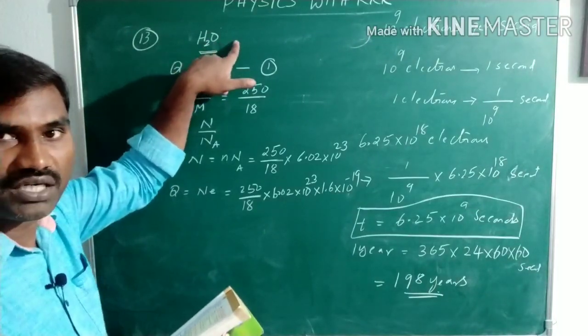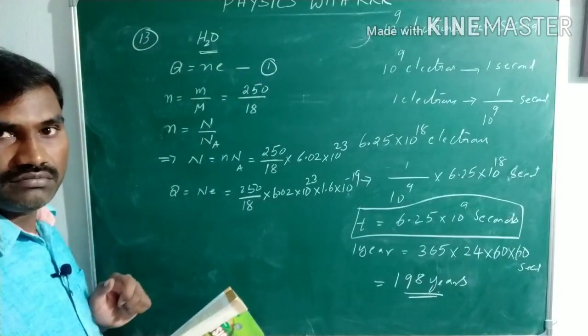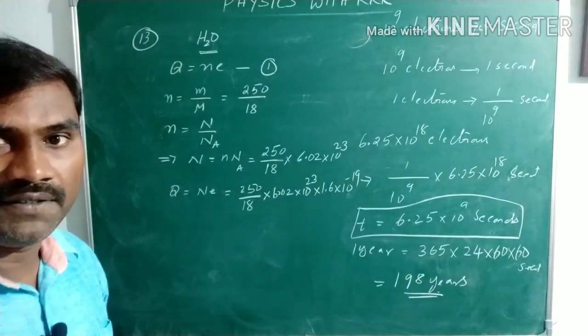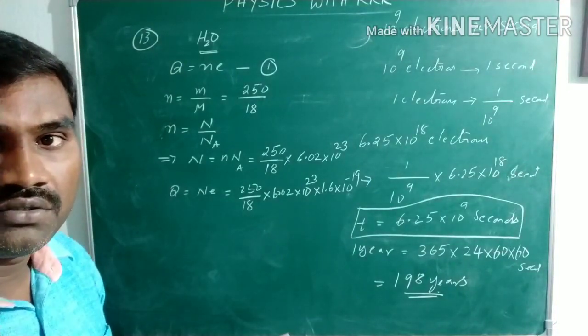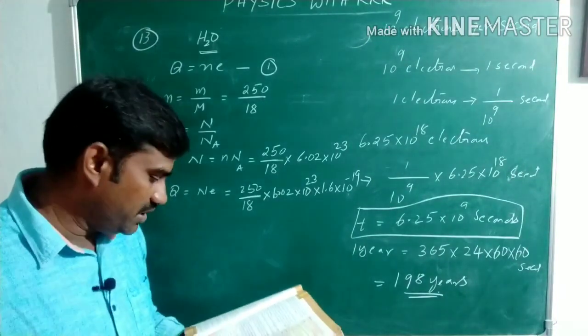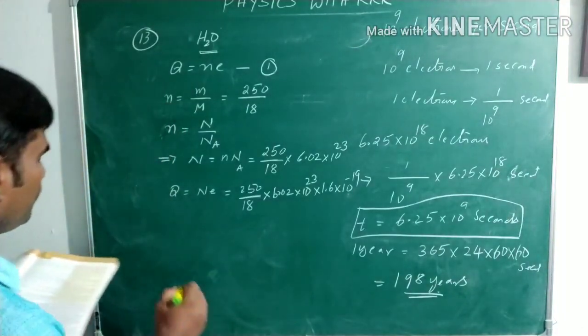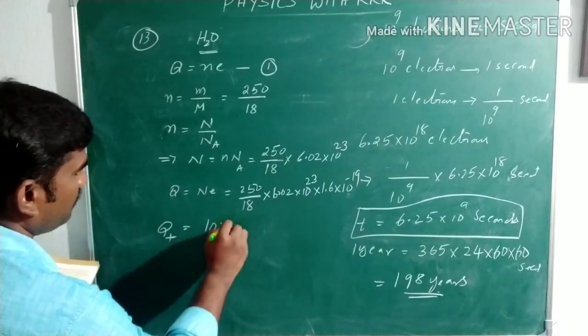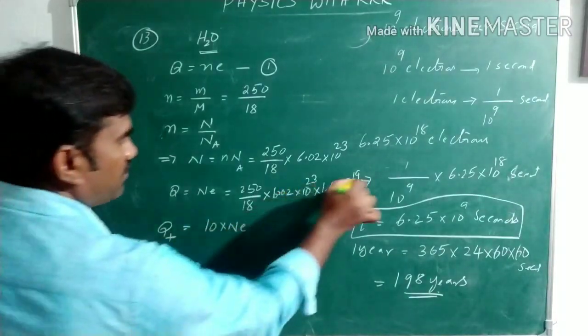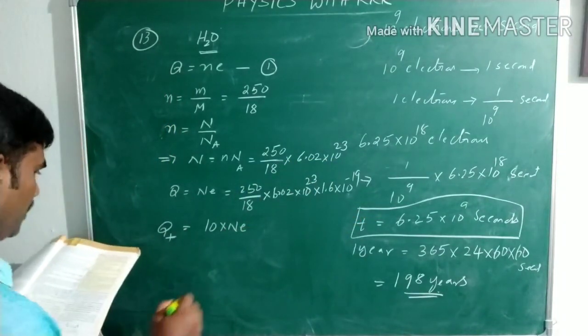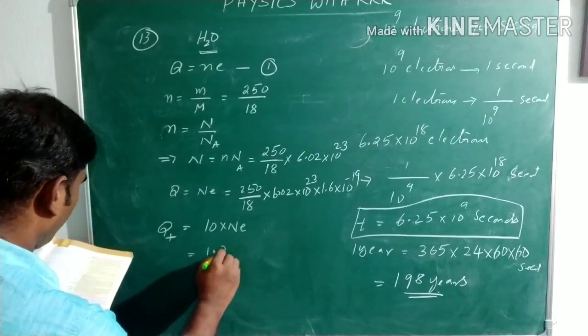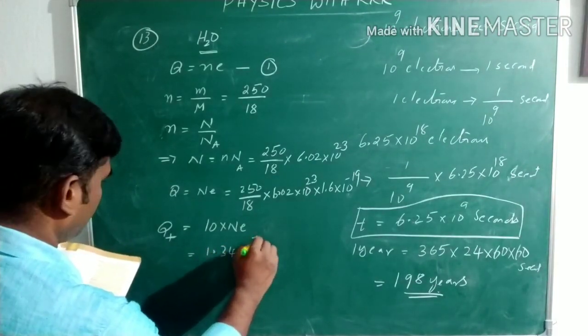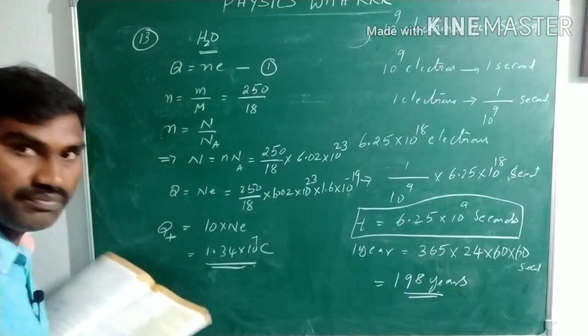That means 10 protons and 10 electrons are there. So the total charge will be 10 into Ne. Now we can substitute and simplify, so this is equal to 1.34 into 10 power of 7 coulomb.